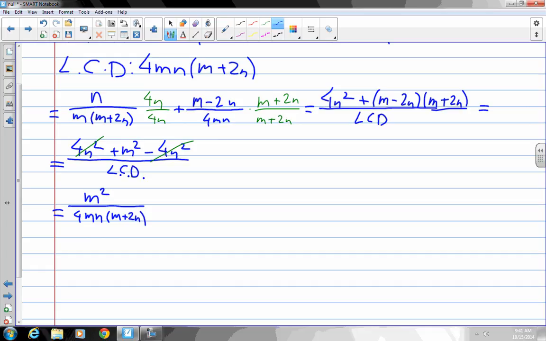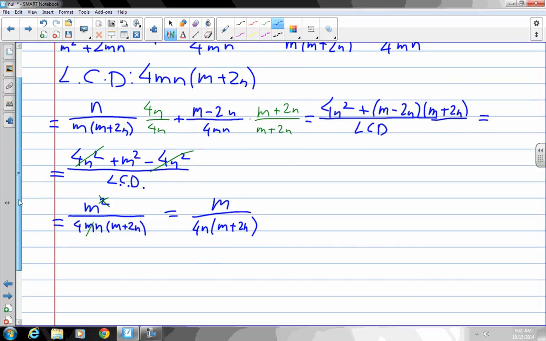So I can cross one of the m's out. That m cancels with that, and you still have one left in the numerator. So the final answer is m over 4n plus 2n. There's nothing else I can do with that.